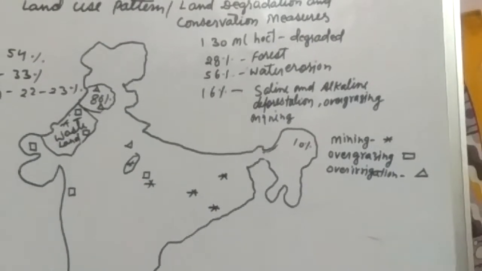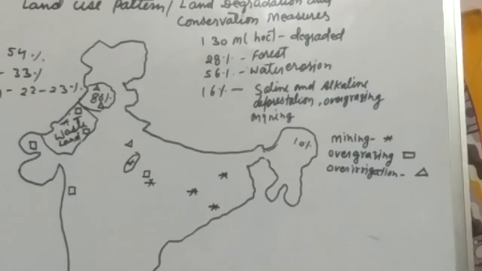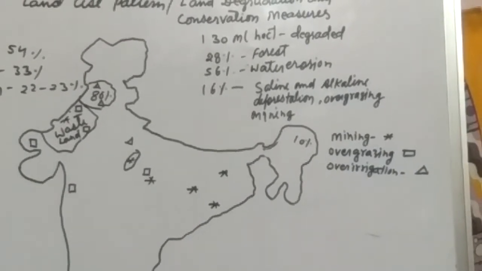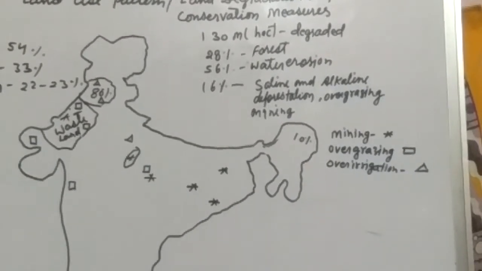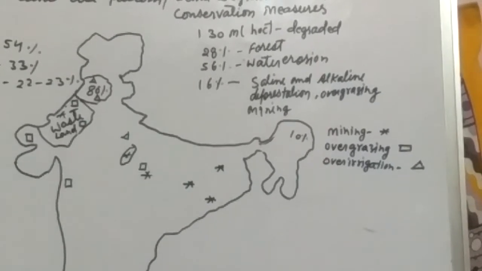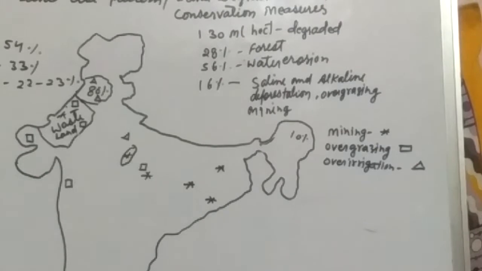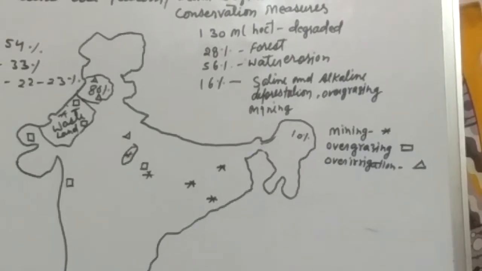Due to this, the land cannot be used for agriculture purposes, and only forest area is there, without any agricultural production. The second is the 56% area that comes under water erosion.